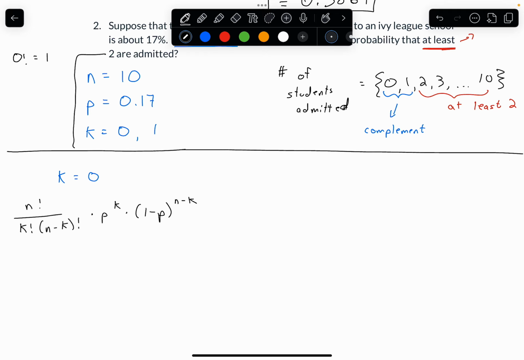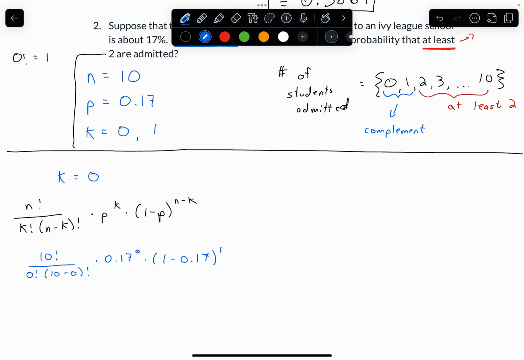So n is 10. This is going to look like 10 factorial divided by k factorial, that is 0 factorial, times n minus k, that's 10 minus 0 factorial, times p, that is 0.17 to the kth power, that is to the 0th power, times 1 minus 0.17 raised to the n minus k.